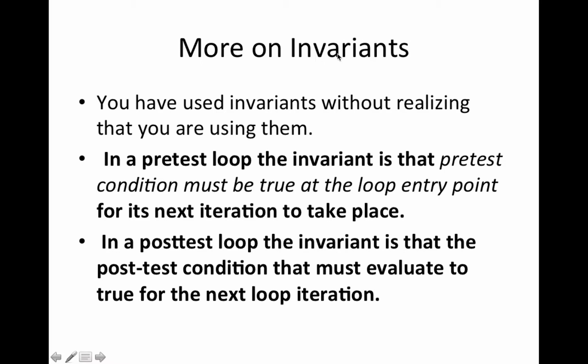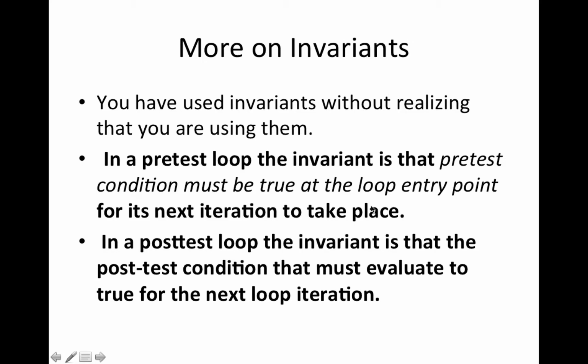Okay, we want to talk more about invariants. You have used invariants without realizing that you might be using them. For example, in a pretest loop, the invariant is that the pretest condition must be true at the loop entry point for its next iteration to take place.